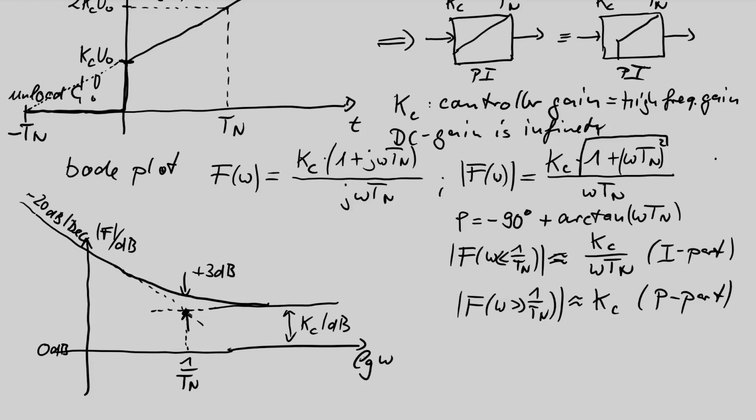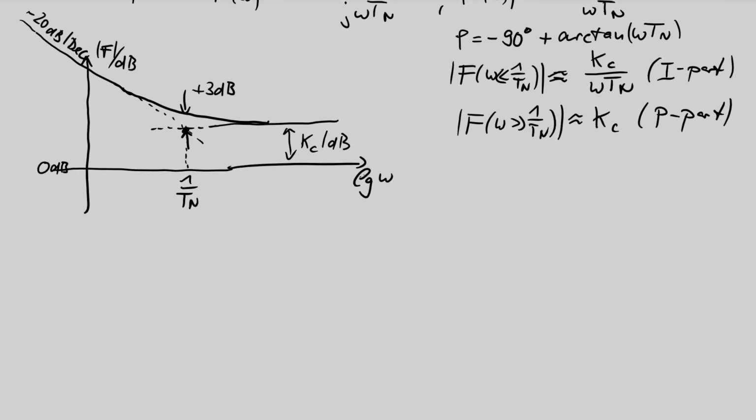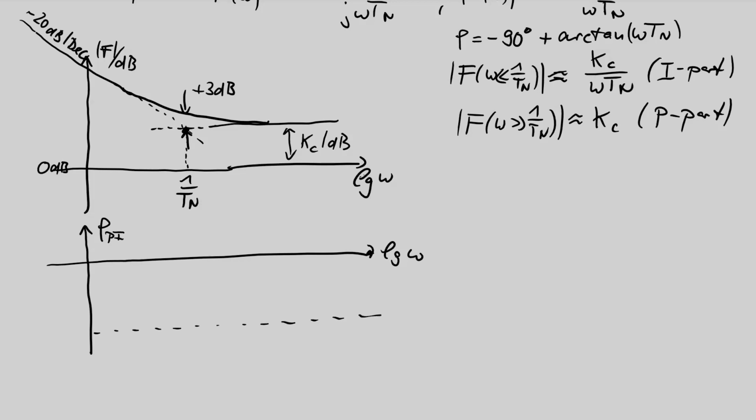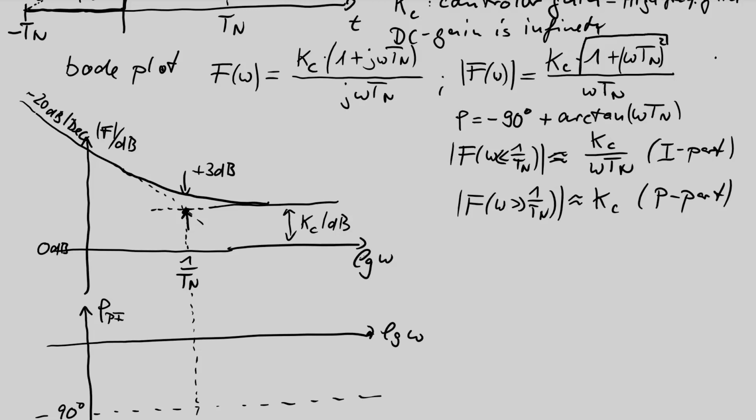So the phase curve finally can be drawn in the following way. This is the phase of the PI. It is always negative, so the omega axis should be in the top region of this diagram. We have phase values going to negative values, maximum minus 90 degrees. How large is the value at the corner frequency?